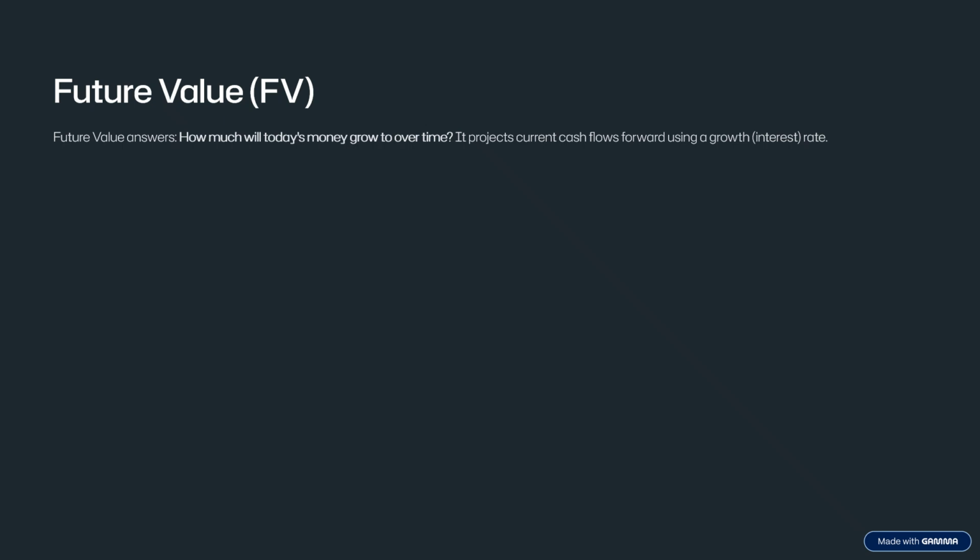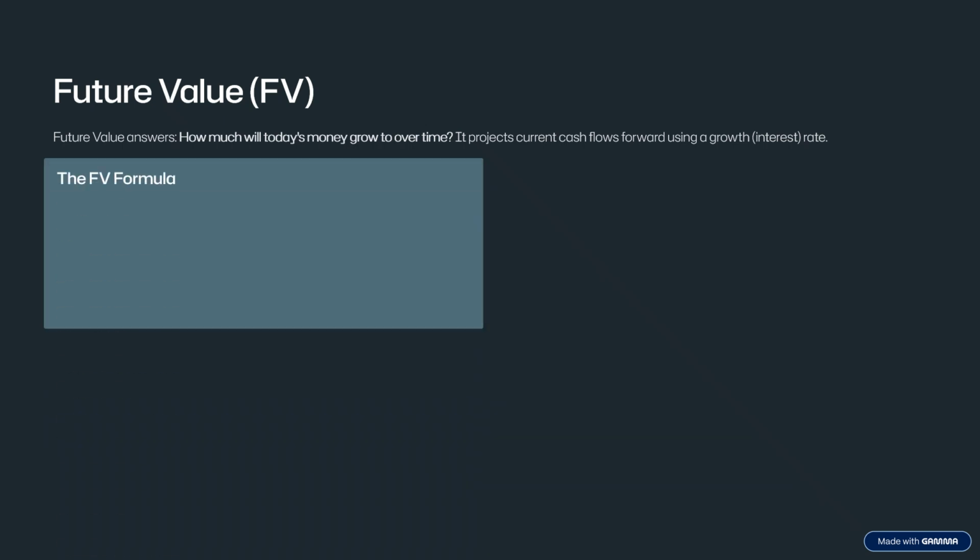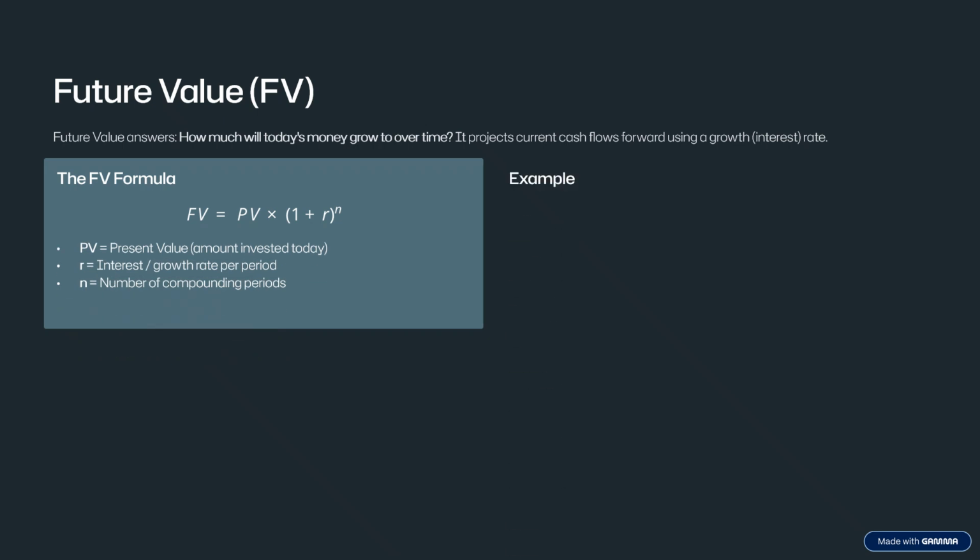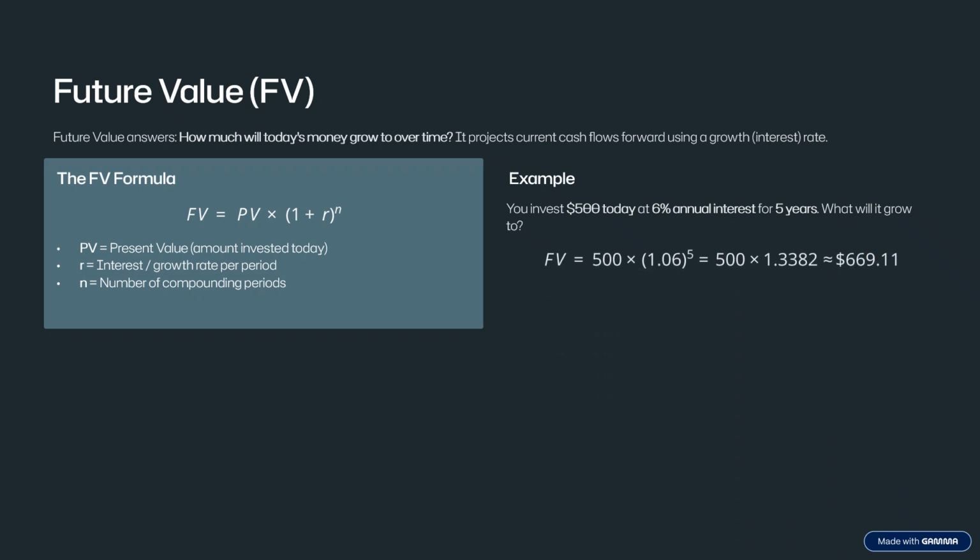For example, let us take an example. First, this is the formula of future value. Now, you invest $500 today at 6% annual interest for the next 5 years. Now, instead of calculation, focus on the idea. What is the idea behind this? Each year your money increases by 6%.